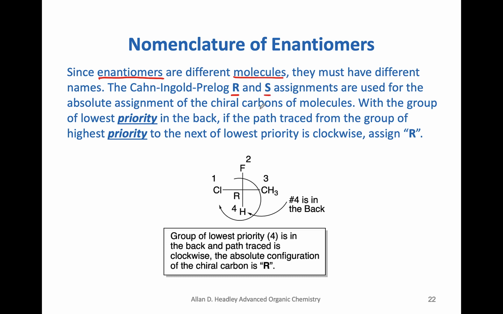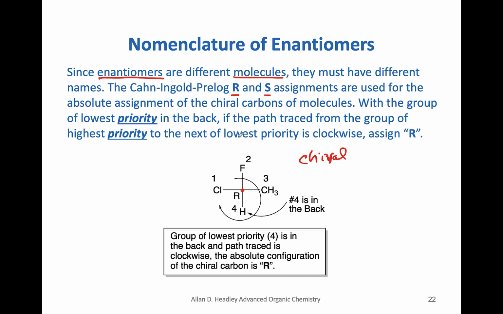This is a review, because you did this in undergraduate organic. What's done here is you have a carbon which is described as a chiral carbon. By that I mean a carbon that has four different groups bonded to it. We have here four different groups bonded to this carbon, so therefore it's described as a chiral carbon.